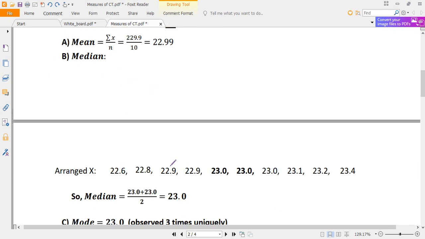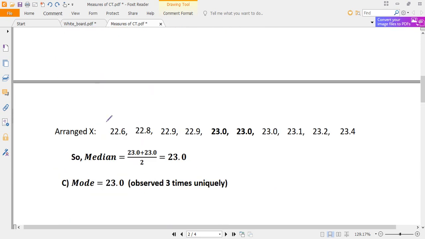What about the median? First we have to arrange the data. After arranging, we have 22.6, then 22.8, and the highest value is 23.4. We divide this data into two portions, five observations here and five observations here, and n is 10, which is even.